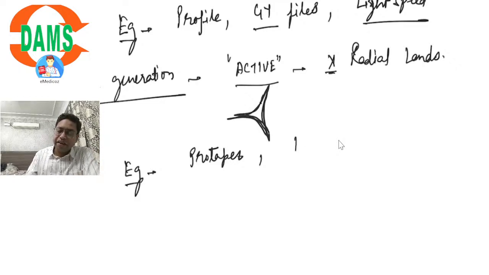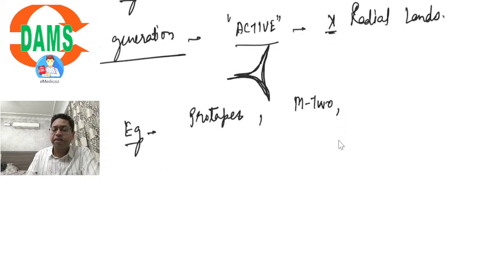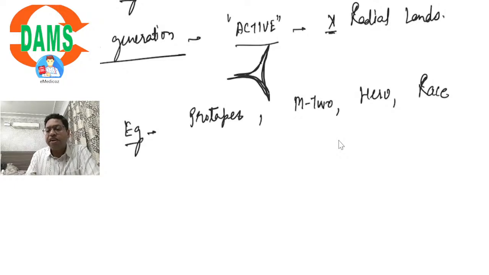Then there are M2 instruments, Hero, Race, etc. Numerous instruments are there, but what is the design characteristic? The blades would be sharp so that they actively engage and cut the dentine. So definitely radial lands or the platform-like stoppers would not be present in them.